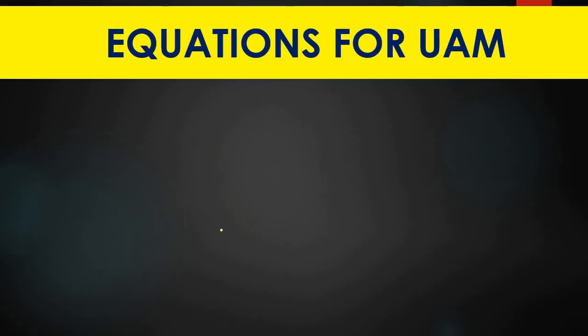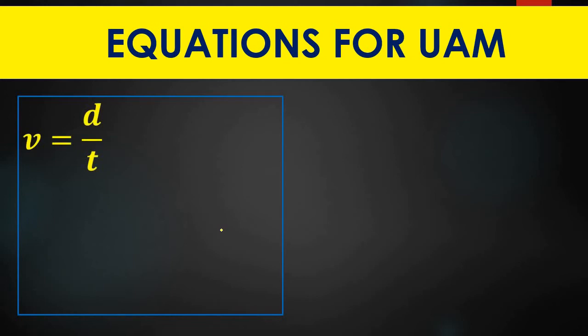Now let's proceed with the equations for uniformly accelerated motion. It's very important that we have these equations for us to quantify the motion. So we already presented the following formula. For velocity, we have v is equal to displacement all over time. And in our discussion for today, we are going to remove the half arrow so that we can clearly write the formula.